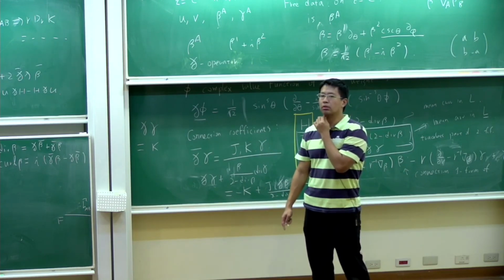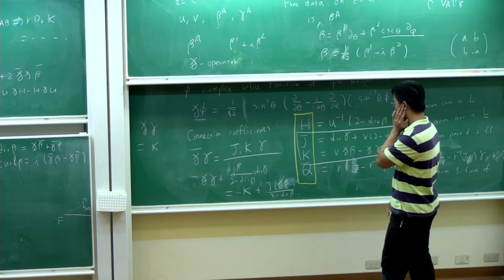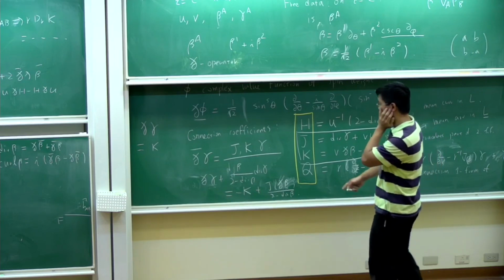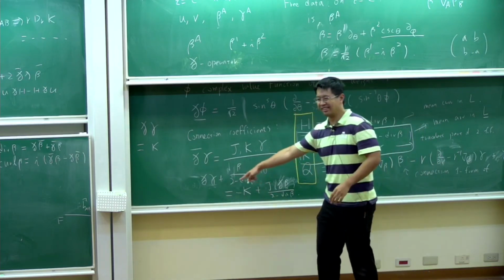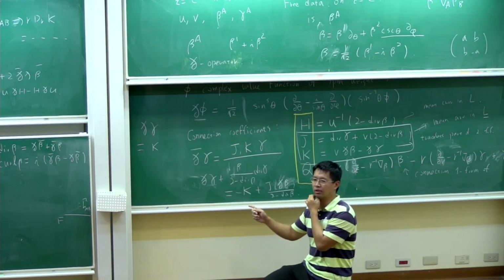But what is K? Oh, okay. K is symmetric traceless. I think everything in this equation is a symmetric traceless tensor.